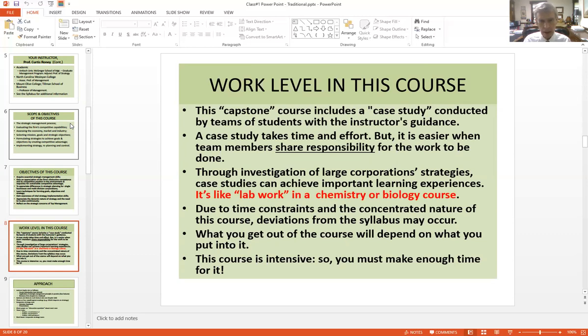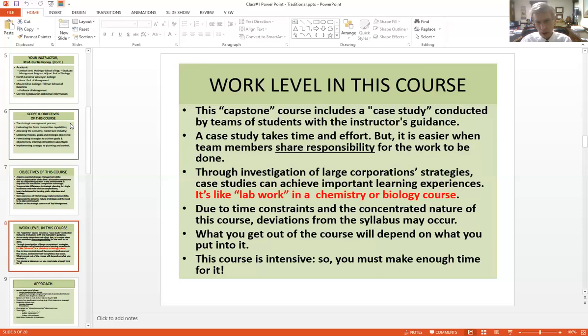I compare this case study to what goes on in a chemistry course. You know, in a chemistry course, you study the periodic table and valences and the nature of matter. And then you go into the laboratory to demonstrate it and maybe blow the place up. Well, I hope that you won't be blowing up any corporations in this course, but this lab work, or casework in business, is kind of like lab work.